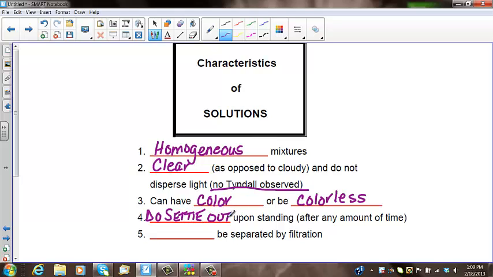Unlike a heterogeneous mixture, specifically a suspension, if I have a jar of muddy water and I let it sit, after time you'll see the sediment will separate and go to the bottom. And homogeneous mixtures cannot be separated by filtration. A good example here is salt water. I can't get the salt out of the water by filtration. I have to use other physical means.